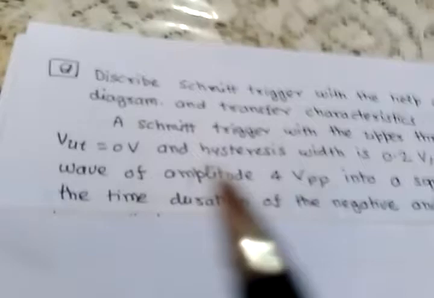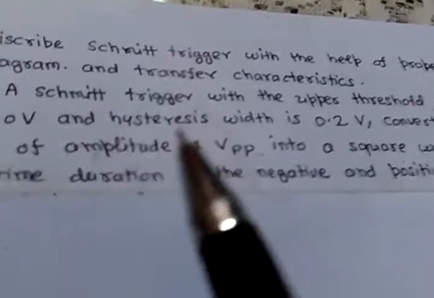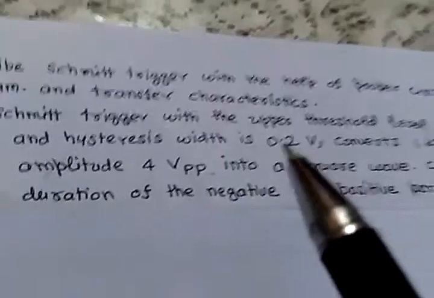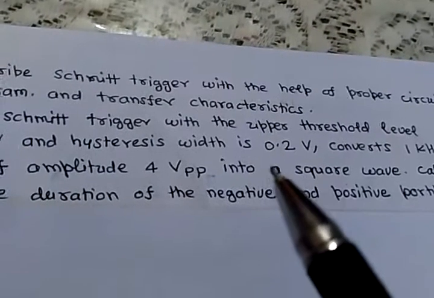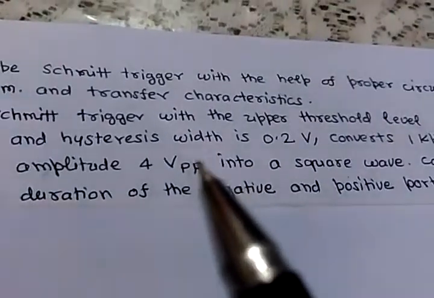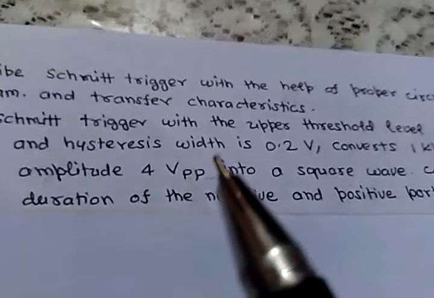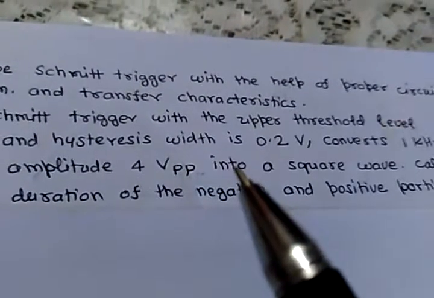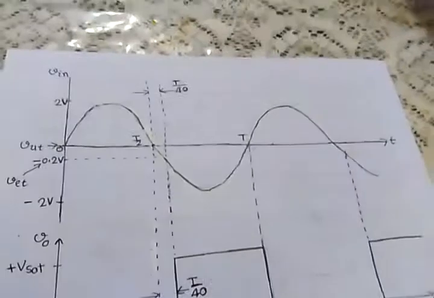The upper threshold voltage is set to 0 volt and hysteresis width is given as 0.2 volt. Hence, first we have to find the lower threshold voltage, and we know the hysteresis width is the difference between upper threshold voltage level and lower threshold voltage level. So first we will calculate the lower threshold voltage level using this data.